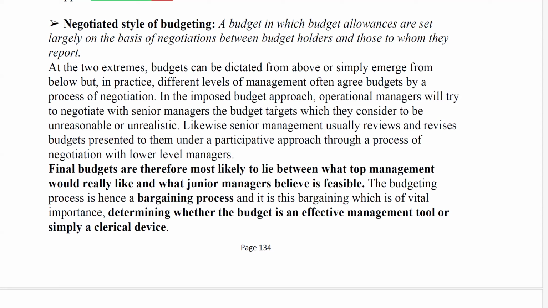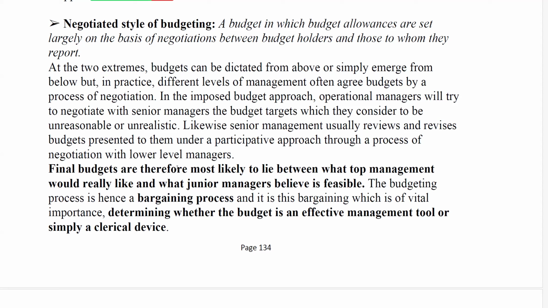In the imposed budgeting approach, operational managers will try to negotiate with senior managers over budget areas which they consider to be unreasonable and unrealistic. Likewise, senior management usually review and revise budgets presented to them under a participative approach through a process of negotiation with lower level managers.